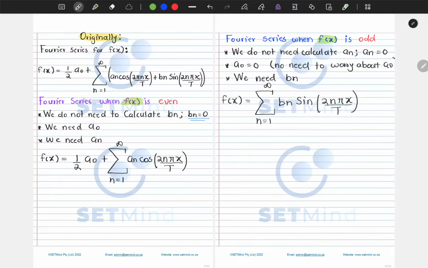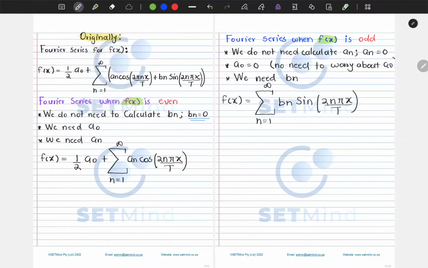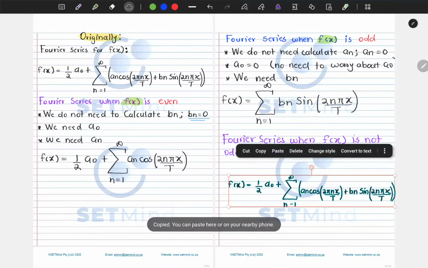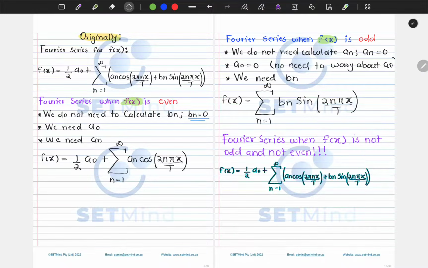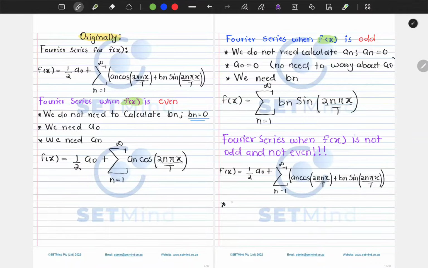Now let's include what happens when our function is not odd and also not even. When our function is neither odd nor even, we will use the original definition. So I'll copy that original definition. That is how we are going to determine our Fourier series. And when our function is not odd and not even, we actually need everything.